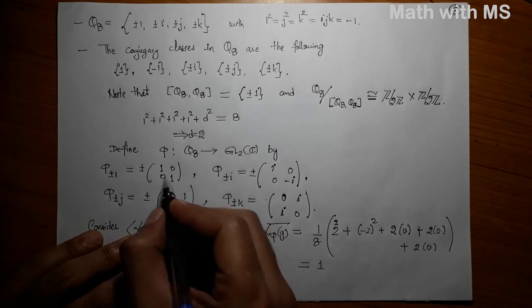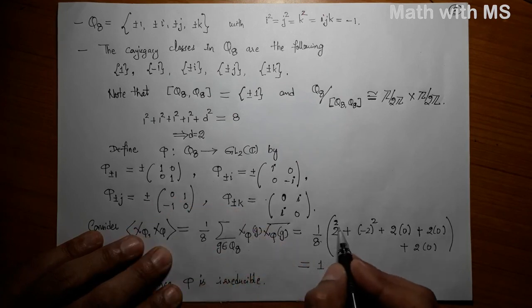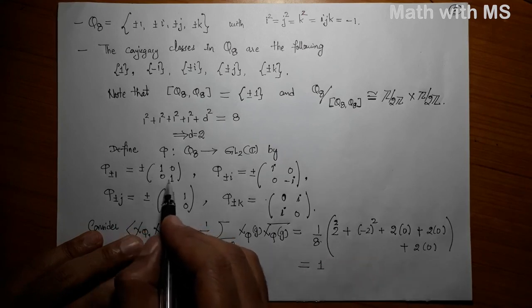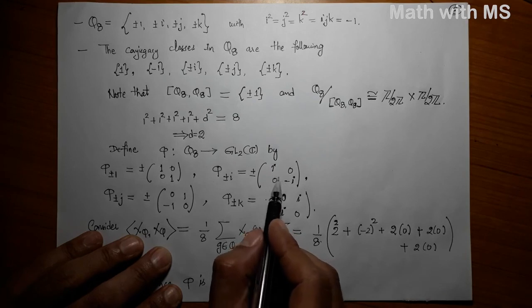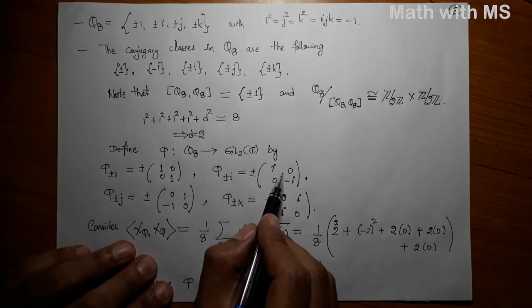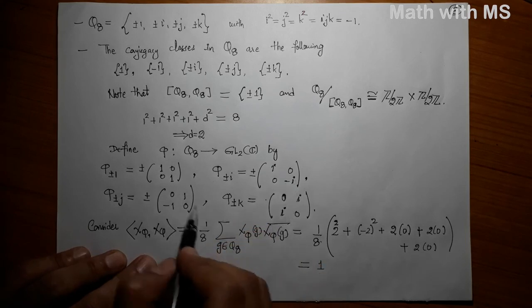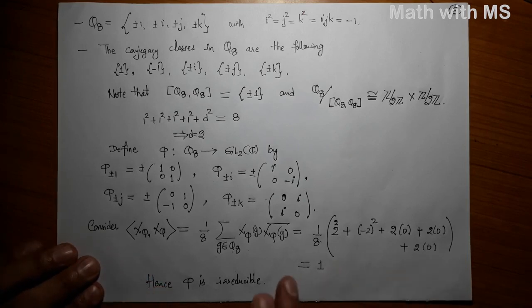It has to be 2, which is the degree of the representation. So 2 into 2, 2 squared. Of minus 1, it is minus 2, so minus 2 squared. And here notice that the character in each of the other cases is 0 because the trace is 0. So nothing is contributed, which becomes 8 by 8, that is 1. And therefore the representation phi must be irreducible.